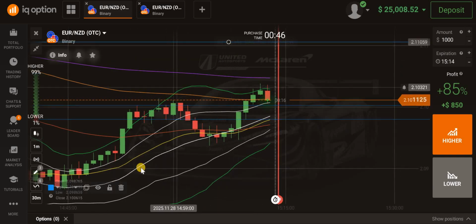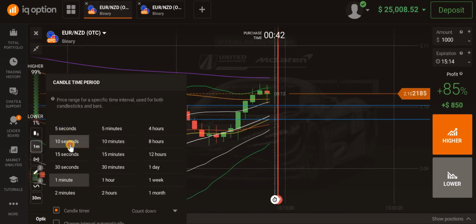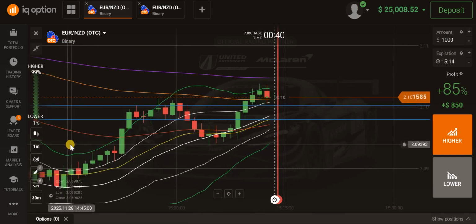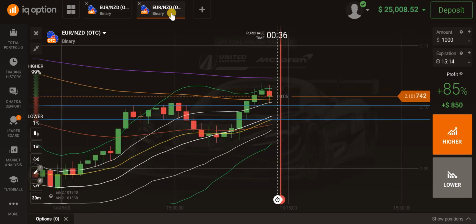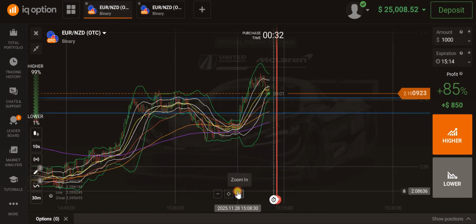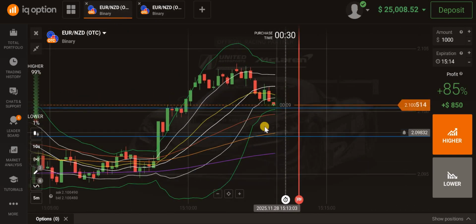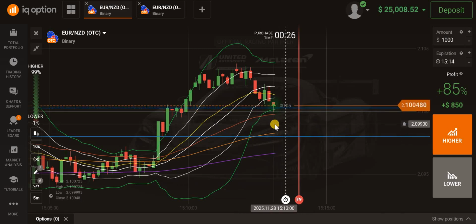Now what I'll do, I'll go to the lower time frame, like the 10 seconds chart. Okay, so this is 1 minute here and this is 10 seconds here. So I'll wait for price to enter inside this place. We want to do a call option from here.